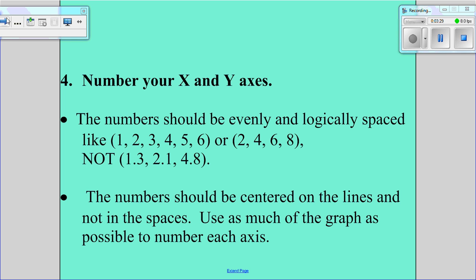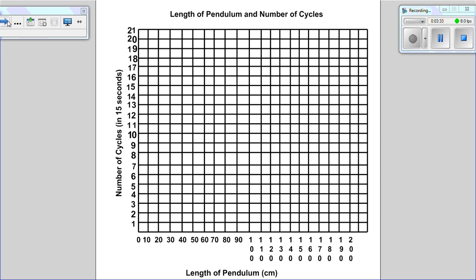Use as much of the graph as possible to number each axis. When I numbered this graph, since the greatest length of the pendulum was 200 centimeters, the most logical way to number was by tens. Notice that 10 is directly underneath the line, so is 20, 30, 40, and so on.